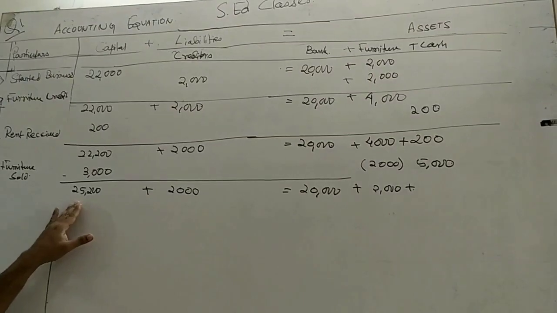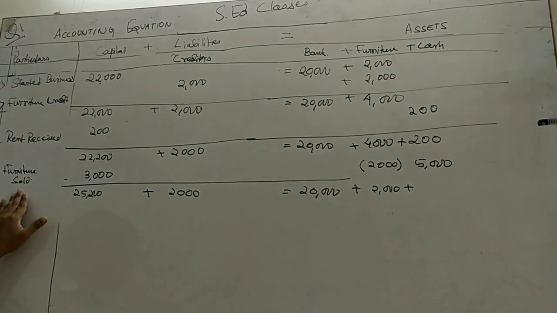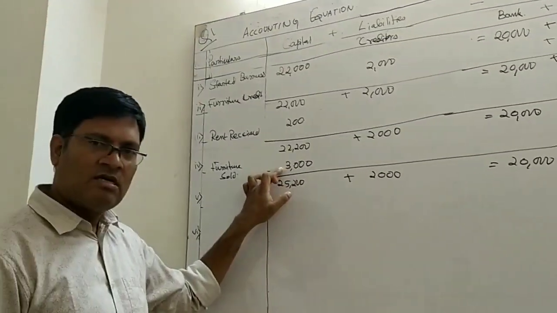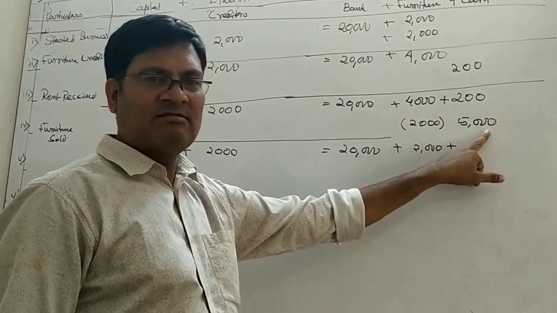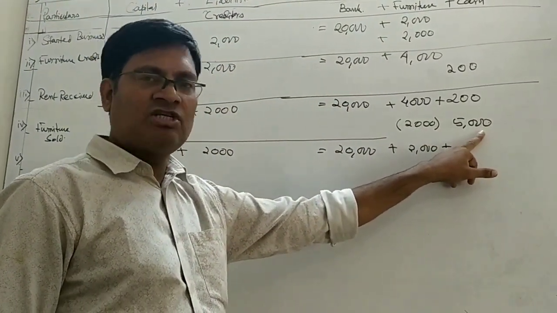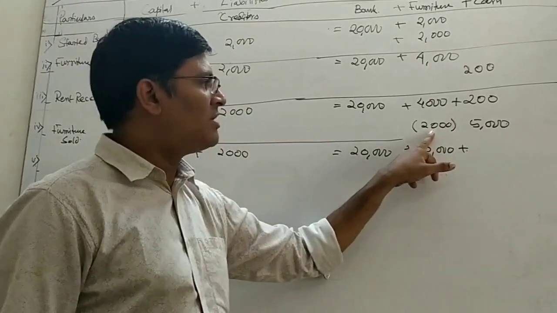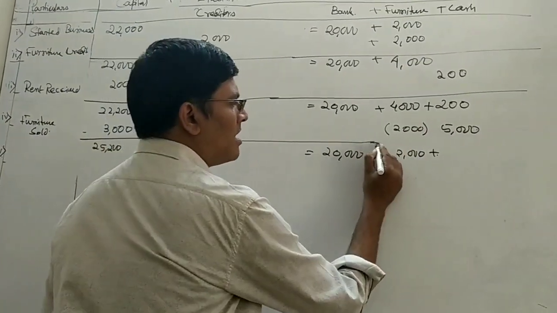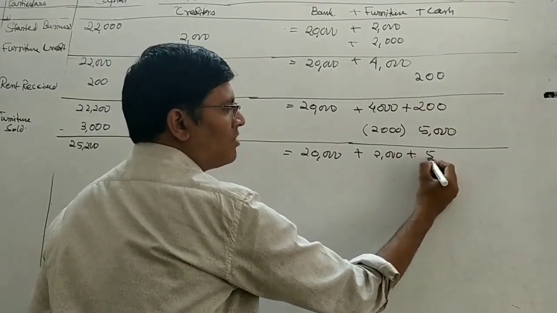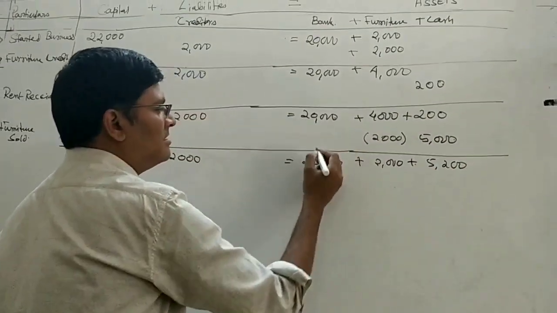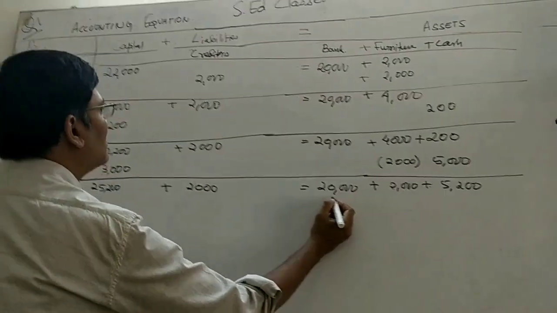So students, see, in this transaction furniture is sold with 3,000 profit, for 5,000. So we have got our cash balance 5,000. The furniture's cost price was 2,000. We reduced our furniture by 2,000, so our furniture balance left is 2,000. This is 5,200 the cash balance. This 20,000 is your bank balance.